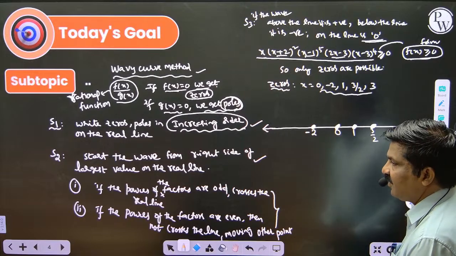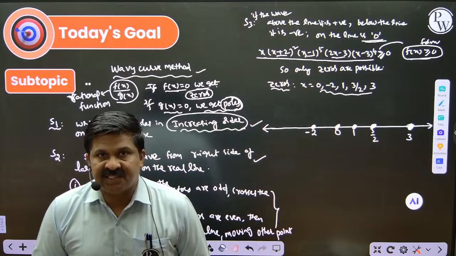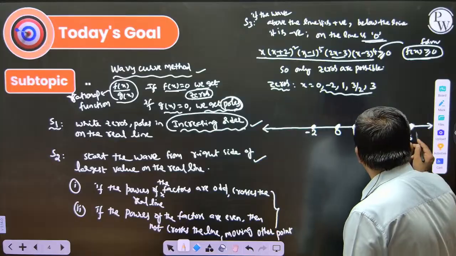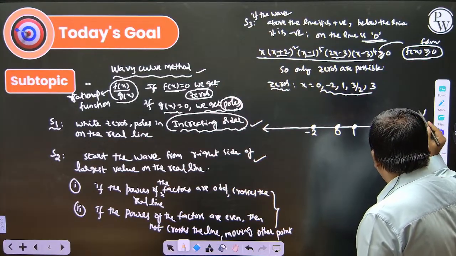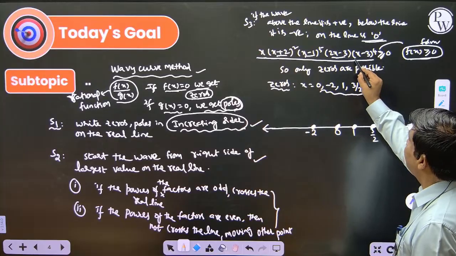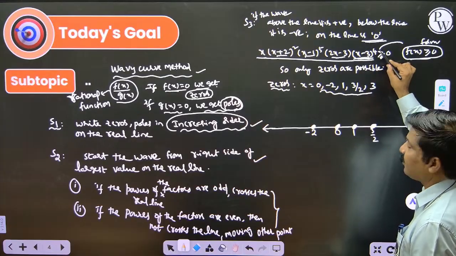Now start the wave from which side? From the right side of the largest value. What is the largest value here? 3. You start the wave from the right side of 3. Coming to 3, what is its related factor? What is its power?